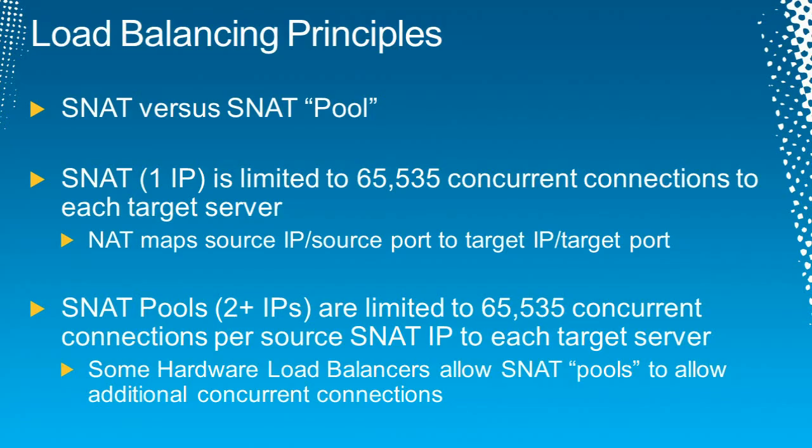And in some cases at extremely high volume, you can see that number, or that ability of connections to be constrained. And so therefore, we want to provide more than one IP address that the load balancer uses for SNAT. And what that gives us is 65,000 per IP address versus 65,000 total, right?